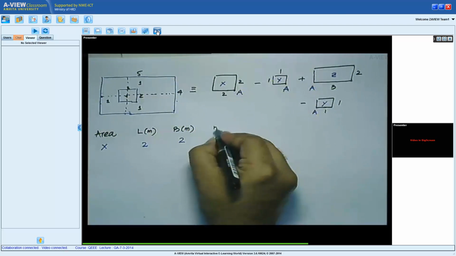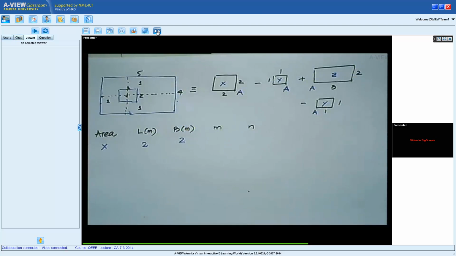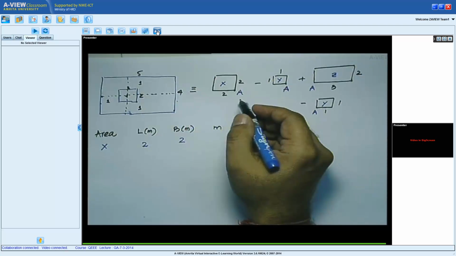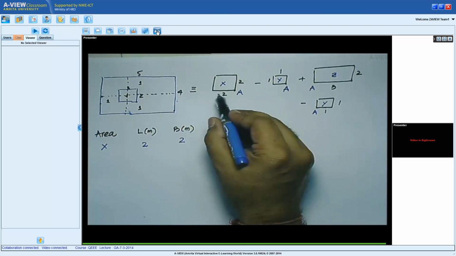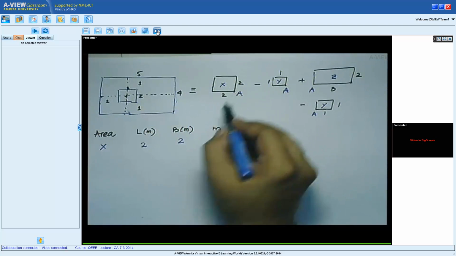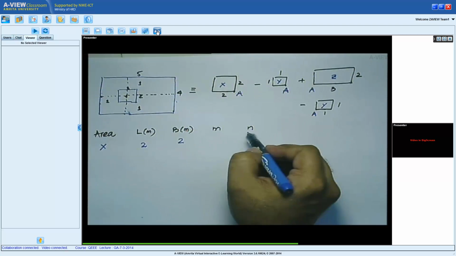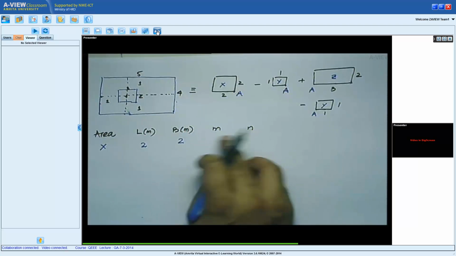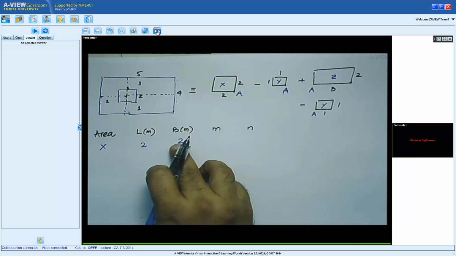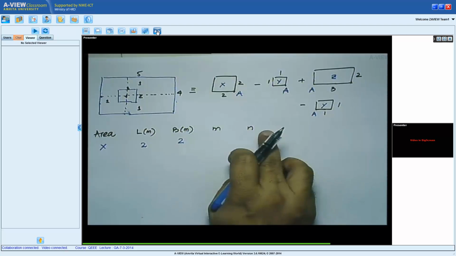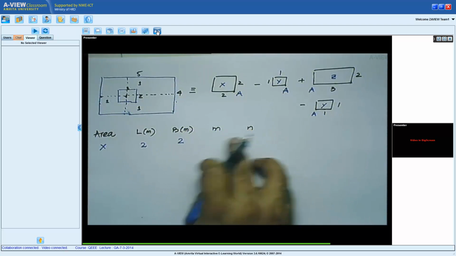M and N. Remember, M and N are the dimensionless, or I would say normalized, parameters of the dimension of the footing. So M equals L by Z and N equals B by Z. Remember, I could interchange. I can take M as B by Z and N as L by Z. It would not matter.